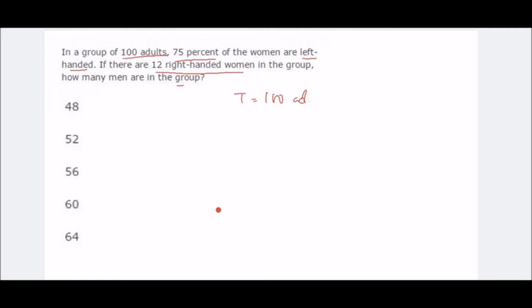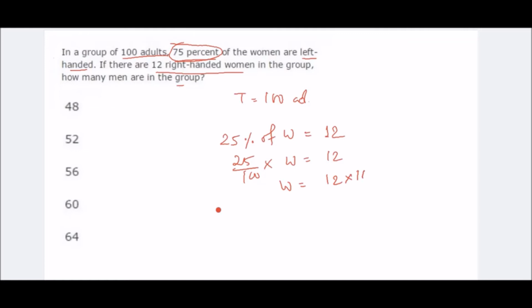If 75% of the total women are left-handed, then 25% of the total women are right-handed. We don't know the number of women. So let's consider that 25% of the women number is 12 right-handed. So solve it to find the value of W, so that we will find out the men count.